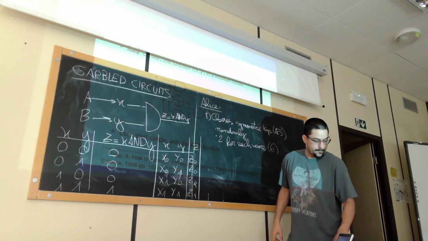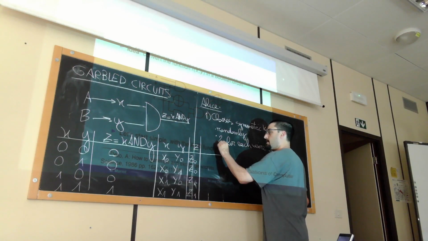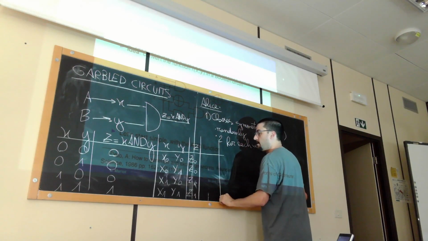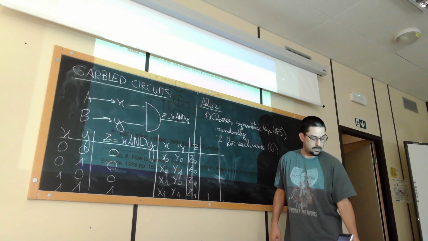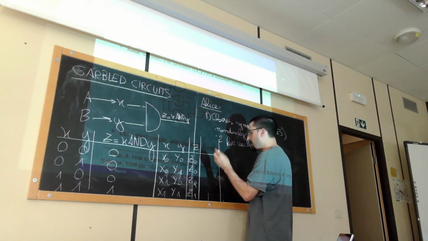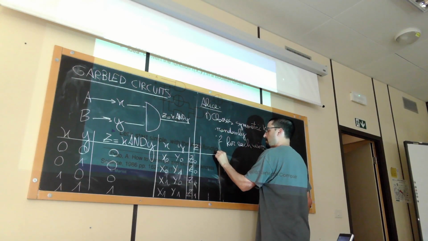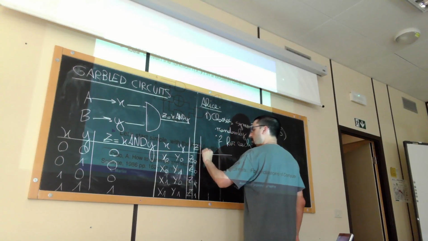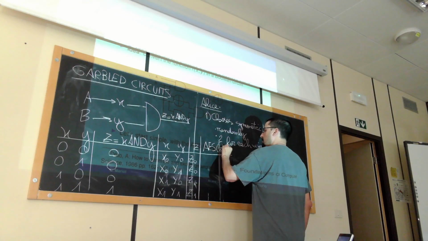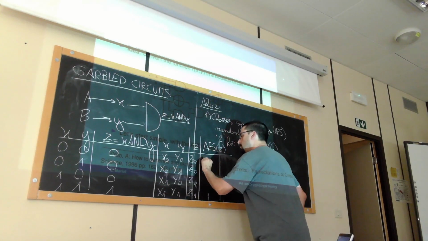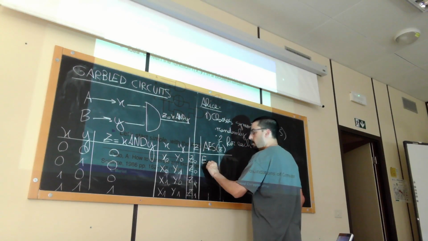Okay. Now what Alice does is to compute the encrypted version of this output table here. So she will apply, for example, AES. So here we will have AES of Z. So we will do the encryption of what?